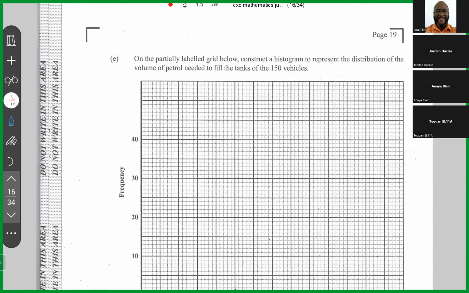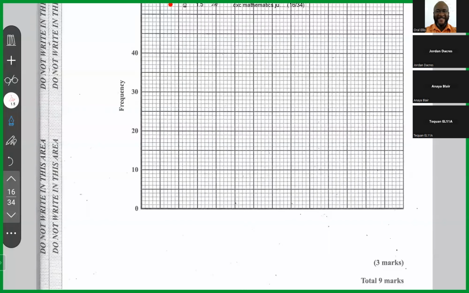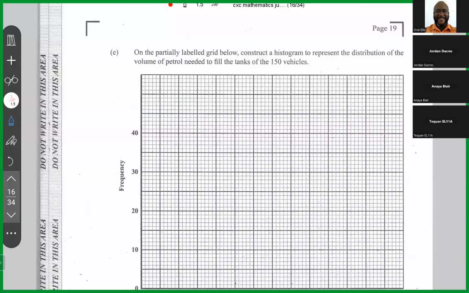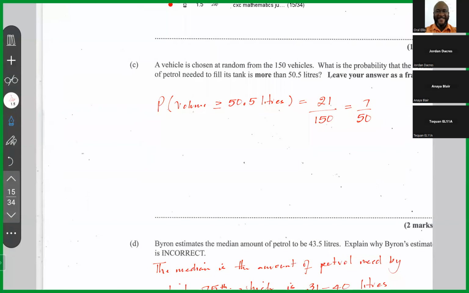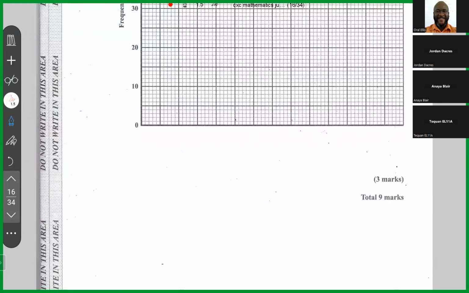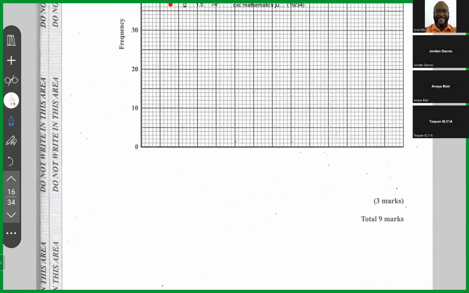All right, at the bottom here, I'm going to use a scale. The bottom must go out as far as 60. So I'm going to use a scale of 2 centimeters to 10 units.